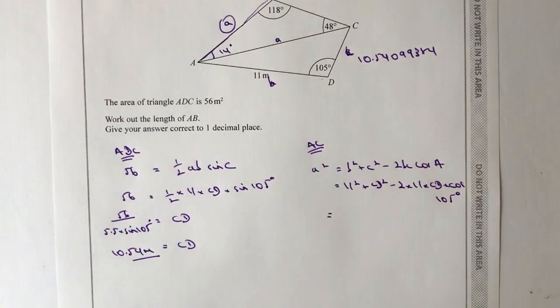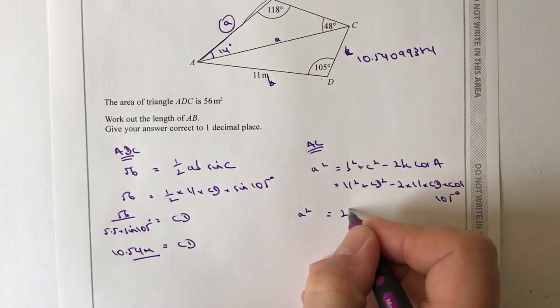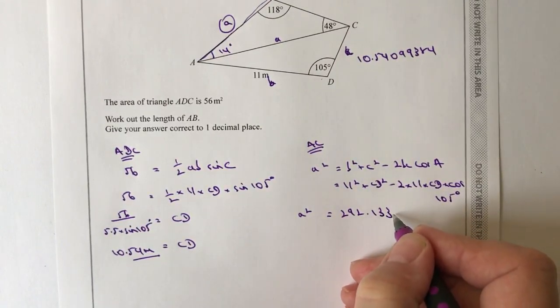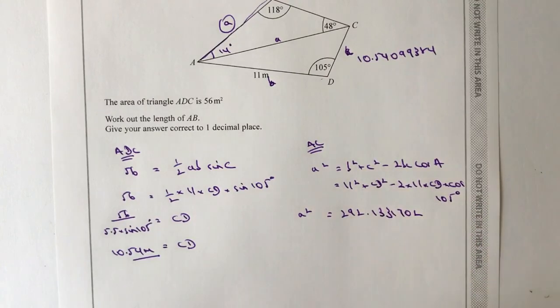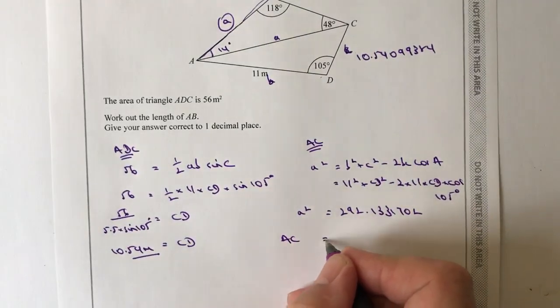Whack that into a calculator and I get that A squared equals 292.1331702.